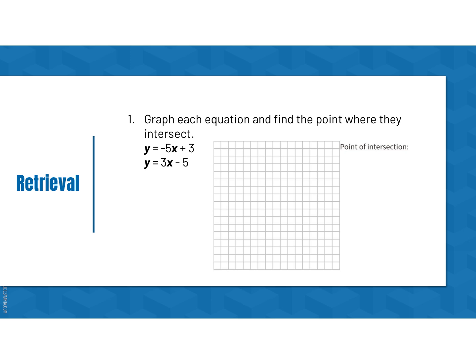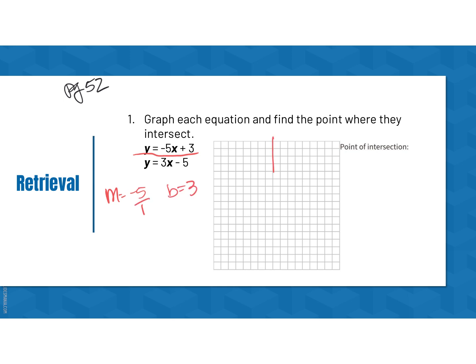All right, so this is in our retrieval. This is part of our homework. It is on page 52. So we want to go ahead and graph both of these equations. So the first one, our slope is -5 or -5/1. Our y-intercept is 3.